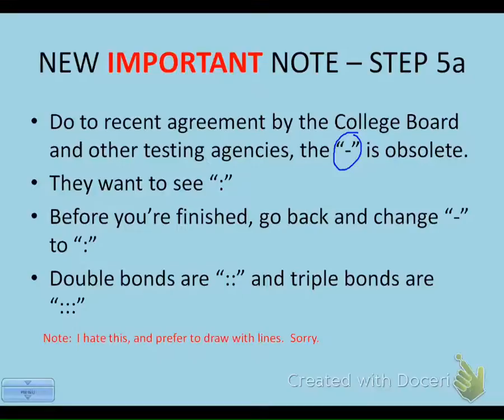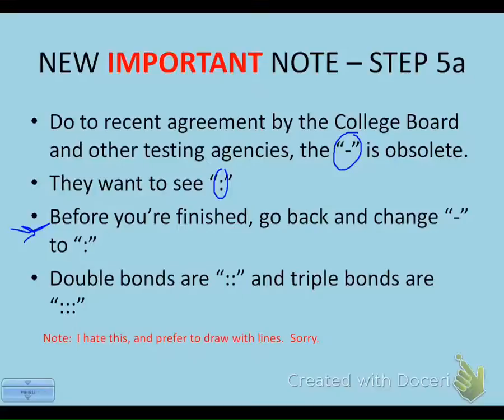From now on, they want to see dots and nothing but dots in your final answer. So my message to you is the third bullet right here. Before you're done, when you've assigned all your pairs, before you box in your final answer, go back, erase all the lines for shared pairs, and put those blasted dots.